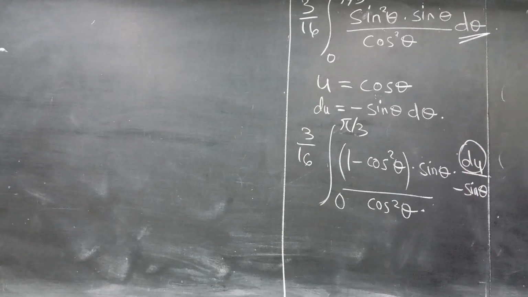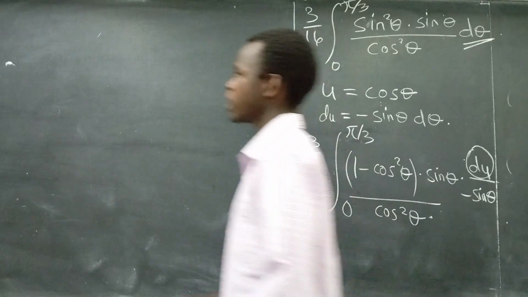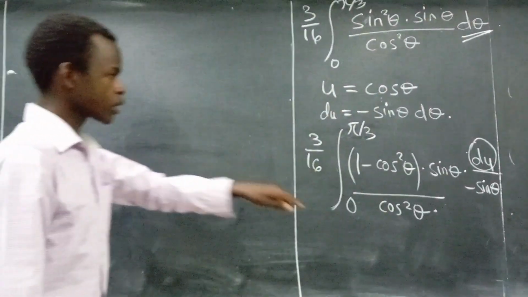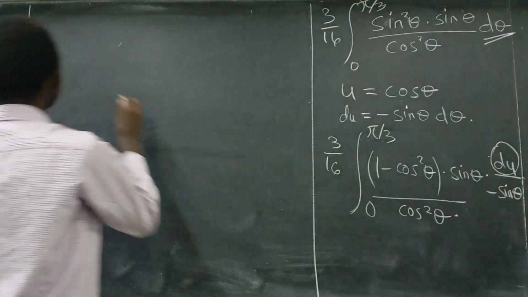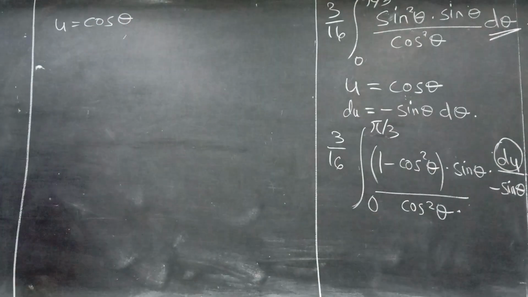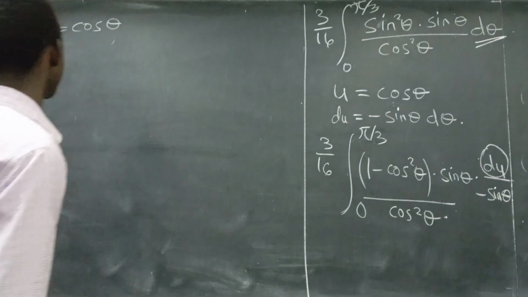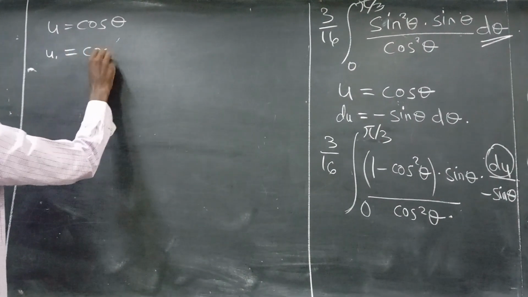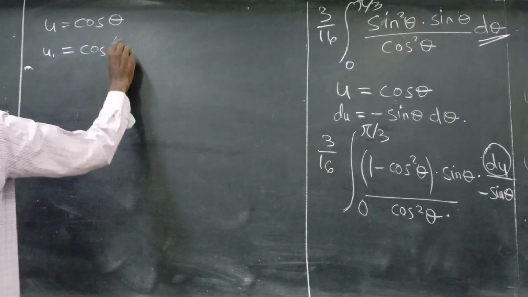So again, we'll have to change the bounds. As we change the bounds, we'll say what was our choice of u. Our u was cos of theta, right? So I'll replace my theta with 0. So I'll say my u1 to be cos of 0, not cos of theta, cos of 0.